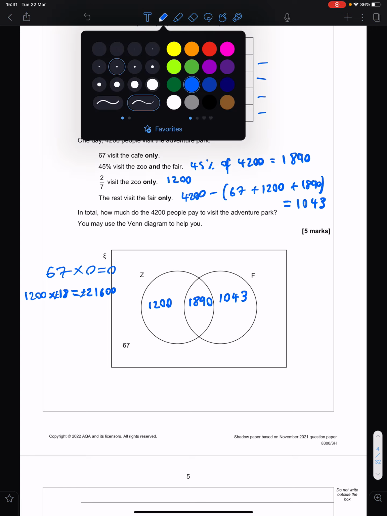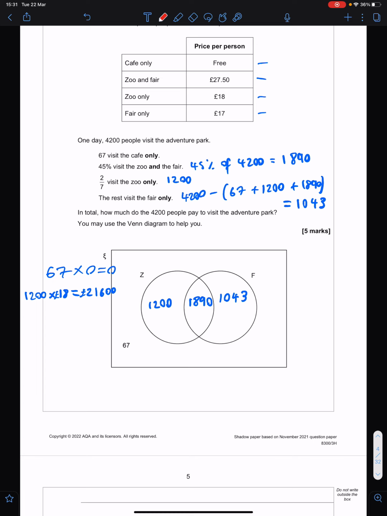Okay, let's change the color. This is a good color. For the people who visited both the zoo and the fair, that was 1,890 people, times their price, which is £27.50. 1,890 times 27.50 is going to be 51,975.